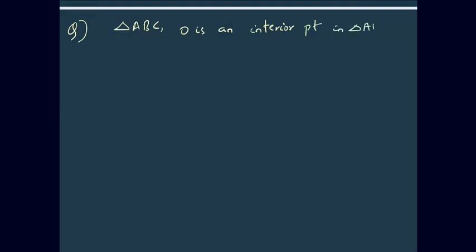You need to prove that AB plus AC is greater than OB plus OC. O is the interior point of triangle ABC. You need to prove that AB plus AC is greater than OB plus OC. So just try this problem for some minutes, then we'll discuss.